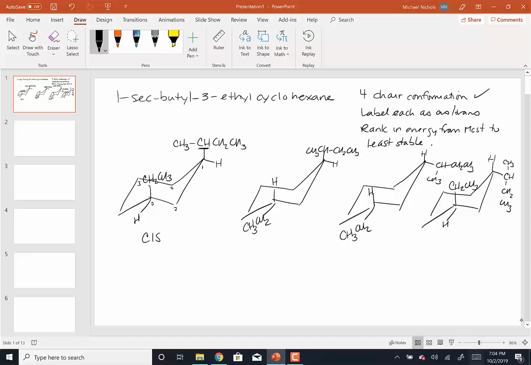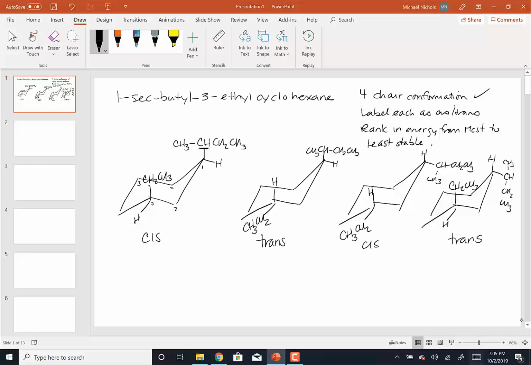That's the cis conformation. Okay, the second one, the sec-butyl group is above. The ethyl group is below. Trans. Number 3, sec-butyl group below. Ethyl group below. Cis. Ethyl group above, sec-butyl group below, trans.